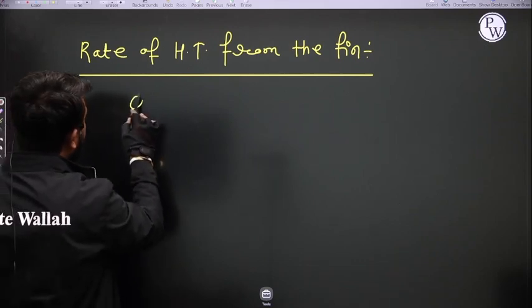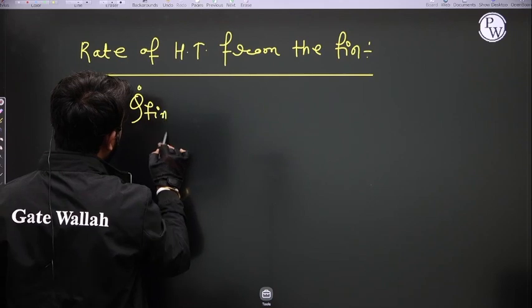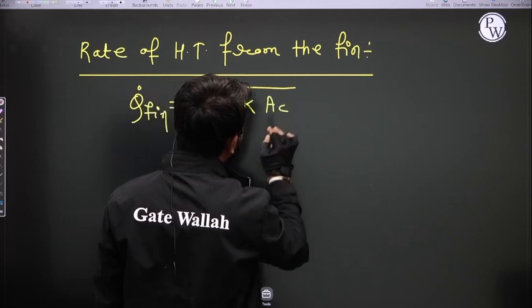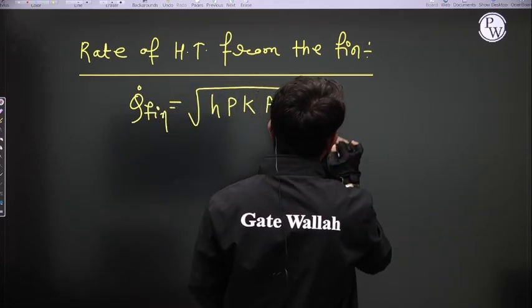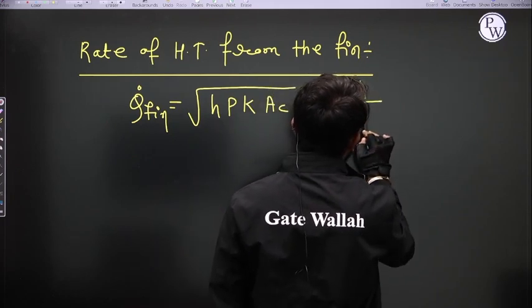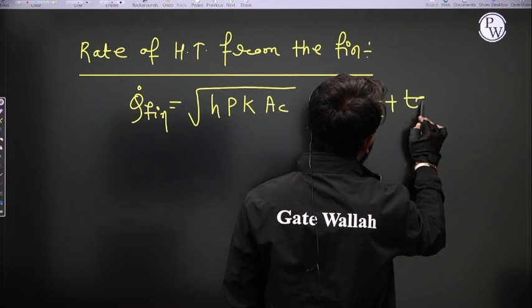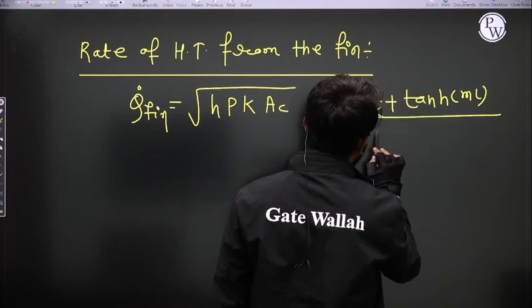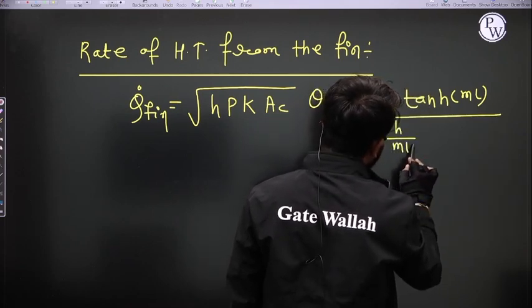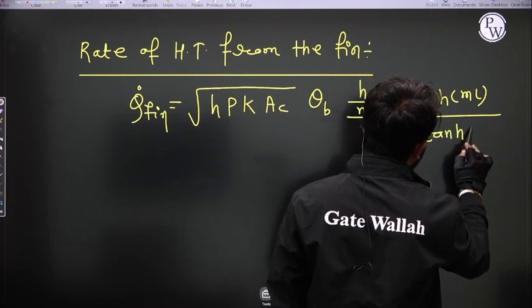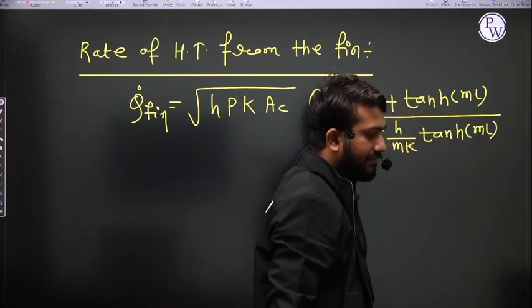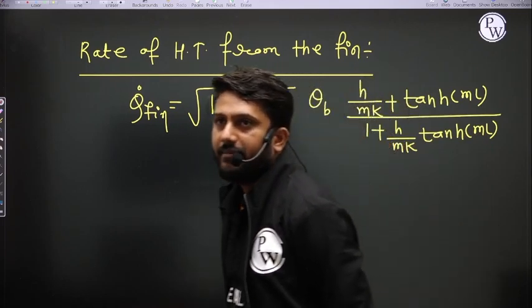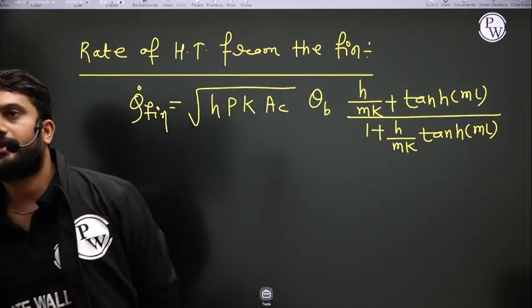So q dot fin is equal to root over hPkAC theta_b, times (h by mk plus tanh mL) divided by (1 plus h by mk tanh mL).